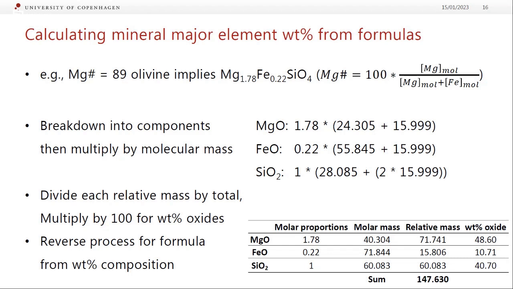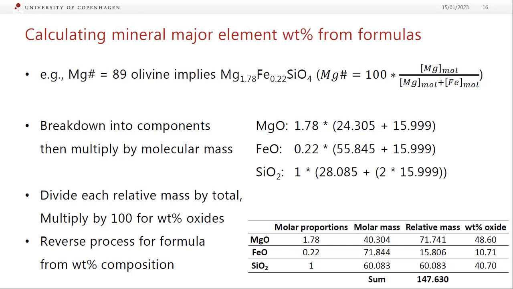Olivine is simple because we're just caring about the Fo content or the Mg number, which is just the ratio of magnesium to iron. If the Fo content or Mg number is 89, that means we have 89 parts magnesium to every 11 parts iron. If we put that into the olivine formula, which is (Mg,Fe)2SiO4, then we basically just double this to get 1.78 Mg, 0.22 iron, and then SiO4.